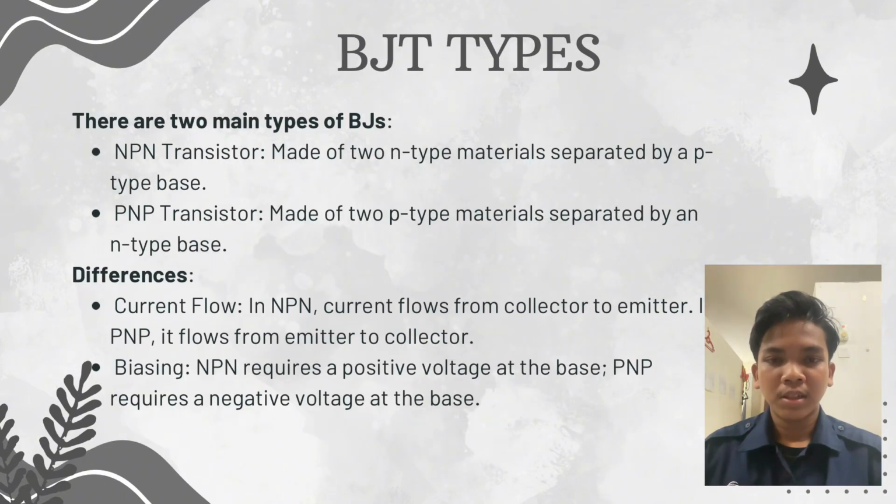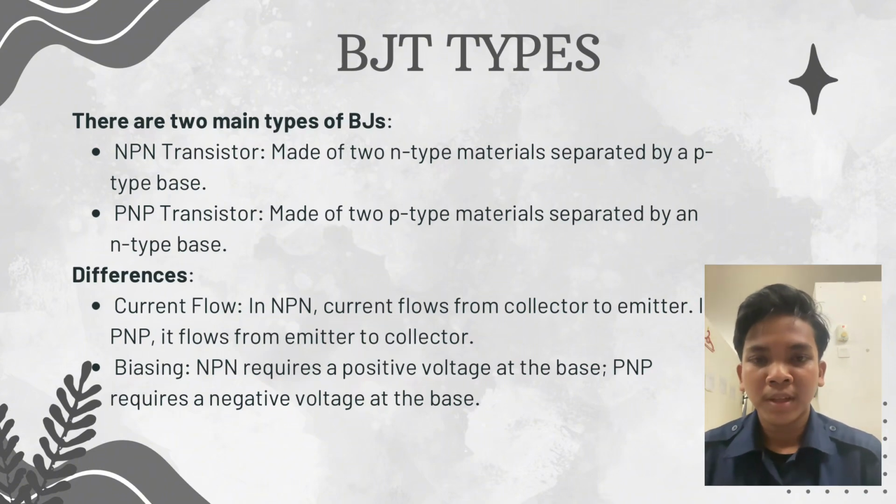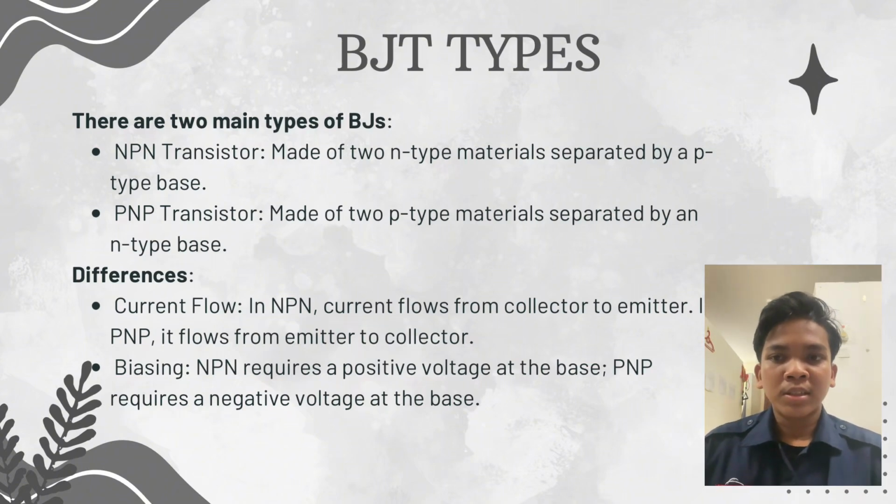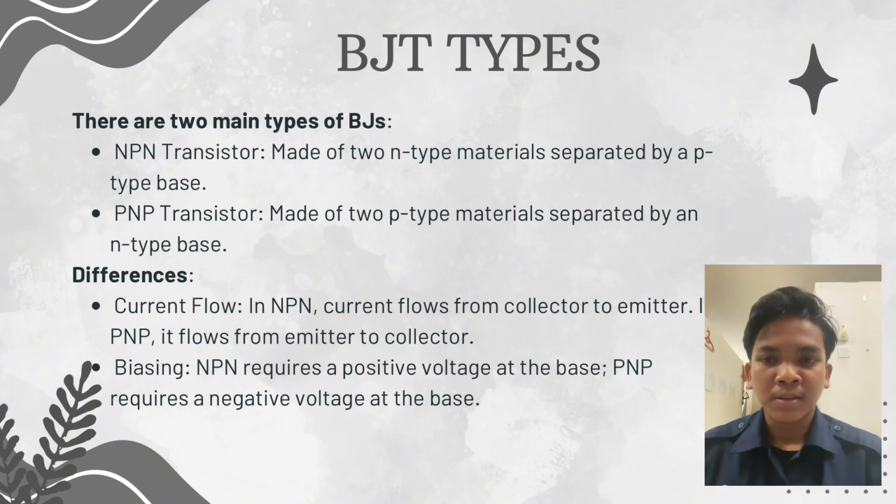BJT types. There are two main types of BJTs. The first one is the NPN transistor and the second one is the PNP transistor. The NPN transistor is made of two N-type materials separated by a P-type base. The PNP transistor is made of two P-type materials separated by an N-type base.